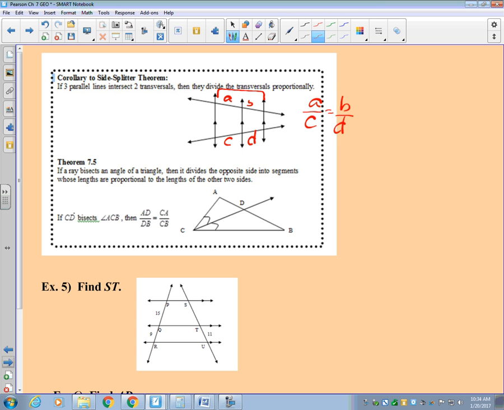The entire distance, so like A, so if I wanted to say that A plus B over C plus D is equal to A over C. So you can use the entire length as one of your proportions. So that would be A plus B, and then C plus D.